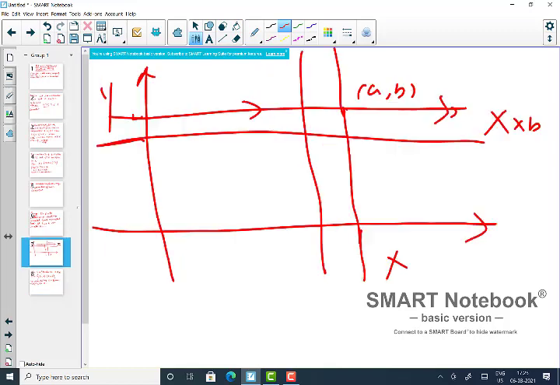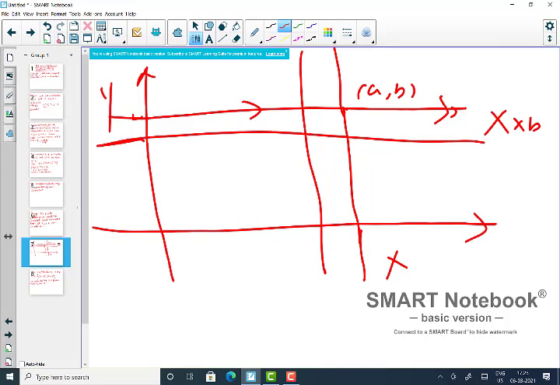Similarly, you see the line here. Okay, one minute, maybe I can write it differently.